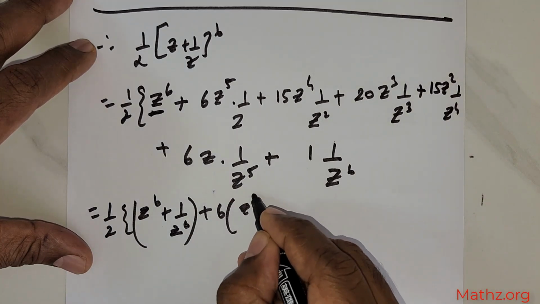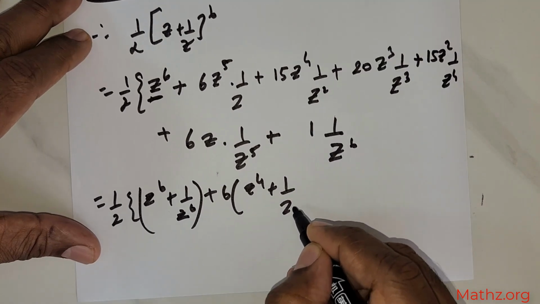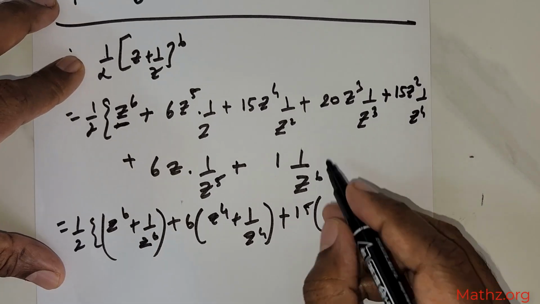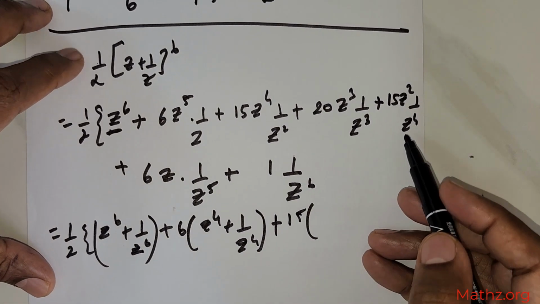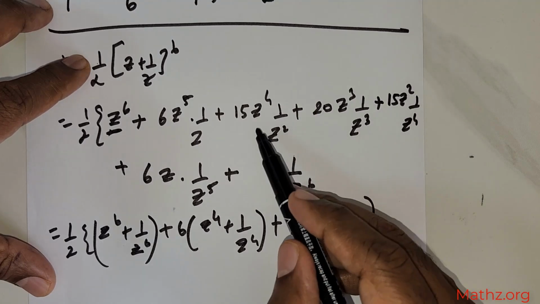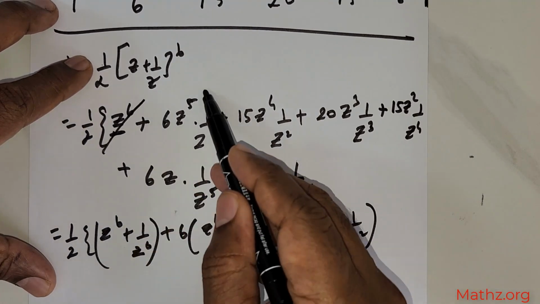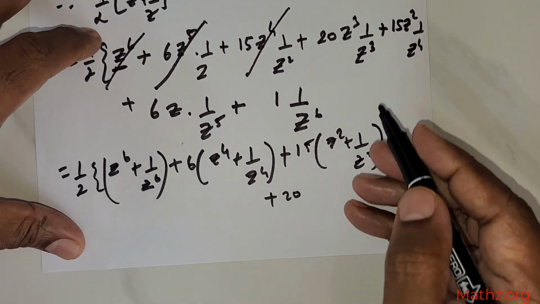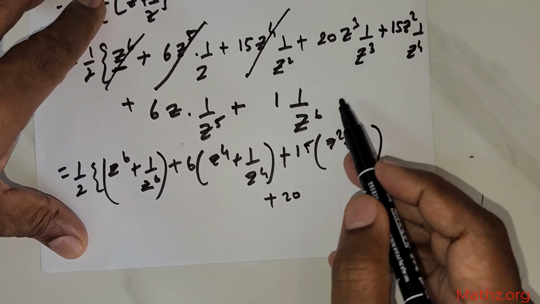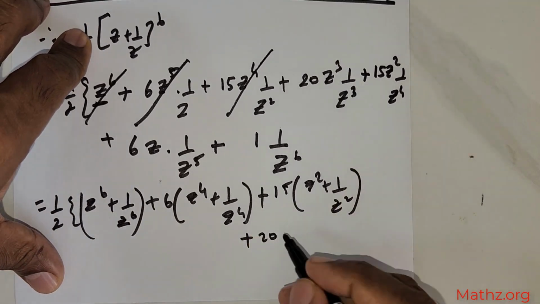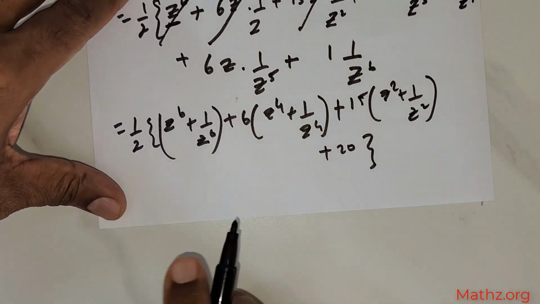So 6 times z power 4 plus 1 over z power 4, plus 15 times z squared plus 1 over z squared. Where have we got z squared? Over here. So all these are paired off. Now the next one is 20 times z. Is there any constant term? There's z power 3, they get neutralized, so we don't have anything. So just 20 there. So this is what we've got.